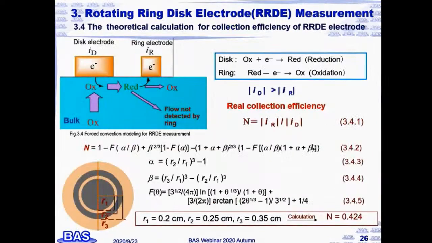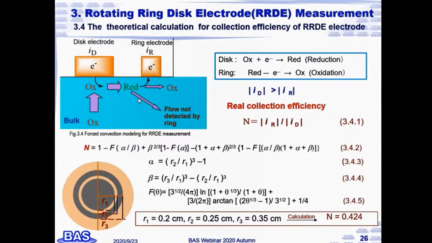In order to perform a quantitative RD measurement, it is necessary to understand the substance mass transport situation from the disk electrode to the ring electrode. The typical parameter is the collection efficiency, N. If the reaction below occurs on the disk and the ring, the reductive species formed at the disk electrode can be detected as a ring current.